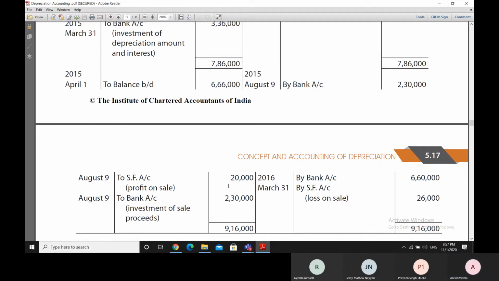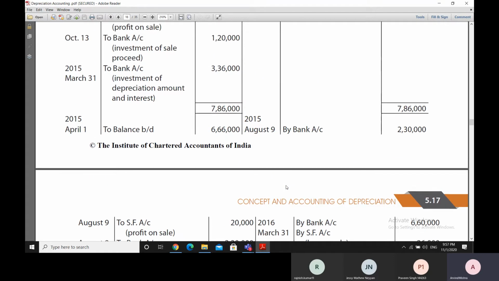And there is a loss on the final sale, and that is 26,000 rupees. And of course, we are transferring an amount in the bank account also.